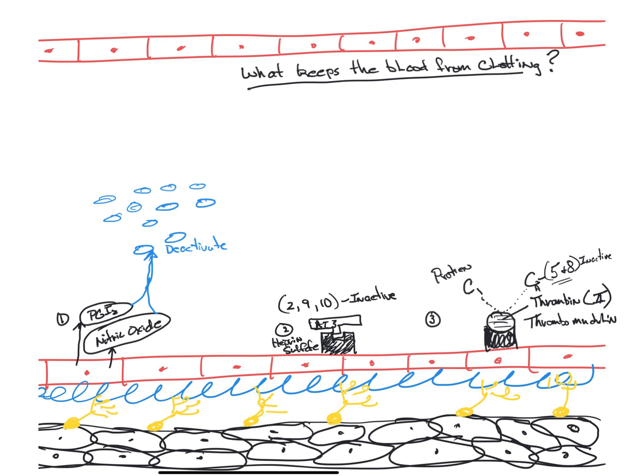And then you have the thrombomodulin receptor, which reacts with thrombin, which is factor 2 that's normally floating around. And when it reacts, it activates protein C, which in an active form inactivates 5 and 8. So then you can't get clotting. Those mechanisms are what keep the blood from clotting.